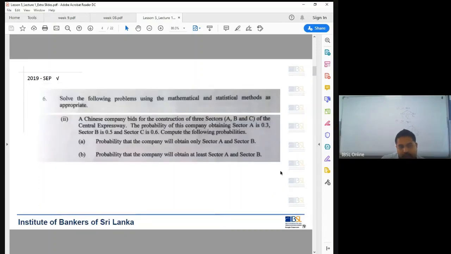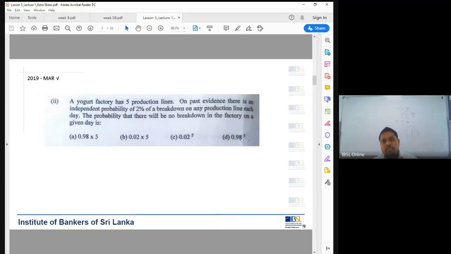This also we discussed, that was on the independent probability, where there are 3 contracts and we want to compute a combination of whether we are getting sector A, sector B, and sector C. This one also we computed, we discussed under 2019 March paper, where we discuss again the independent probability, as there are 5 production lines.